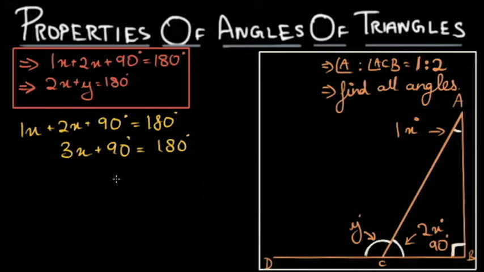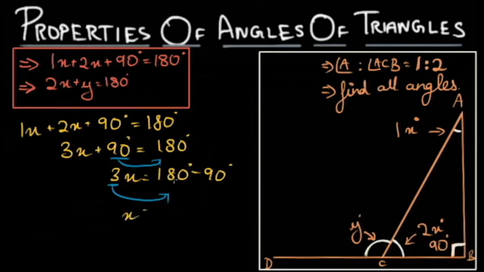This makes it 3x is equal to 180 degrees minus 90 degrees. Now we transpose 3 to the other side, of course after solving the RHS. So this becomes x is equal to 180 minus 90 degrees, which is 90. So x is equal to 90 divided by 3.